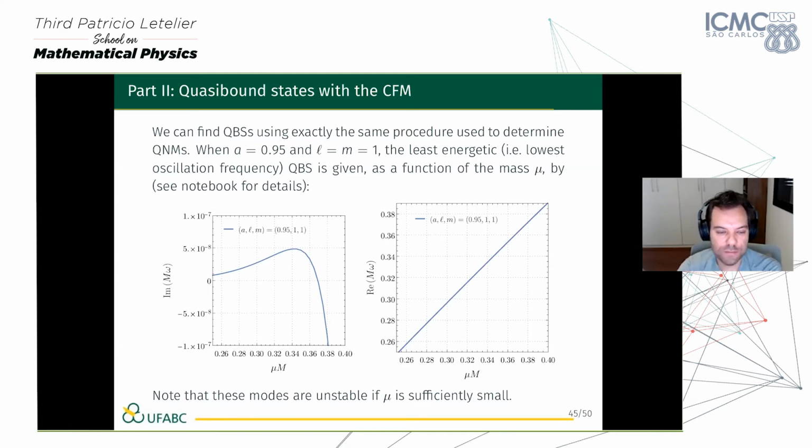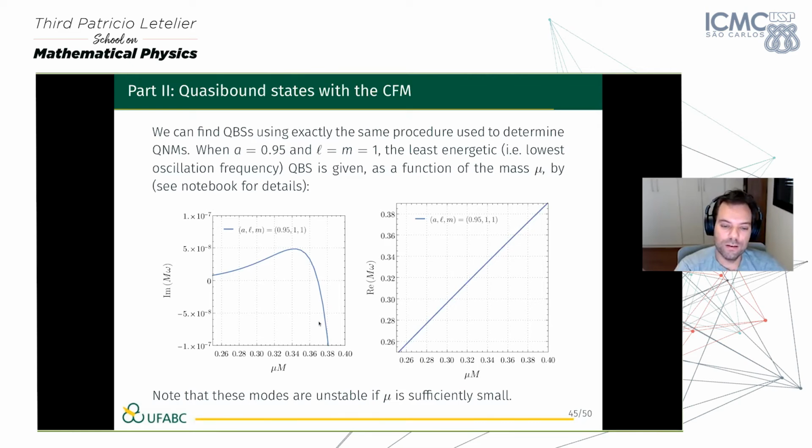Another interesting thing, besides this maximum instability, is the transition from instability to stability, which here happens at around 0.37. So if you are exactly at this 0.37, more or less, where the imaginary part is exactly 0, you find that you have a real frequency also around 0.36, 0.37.